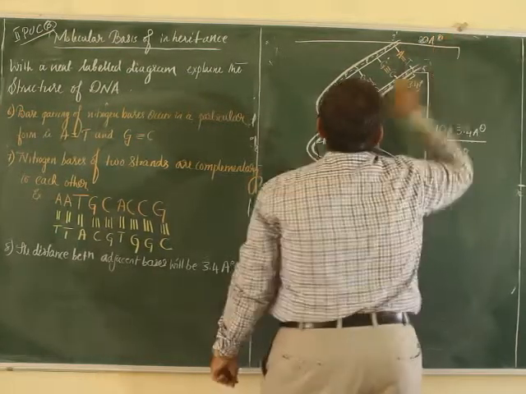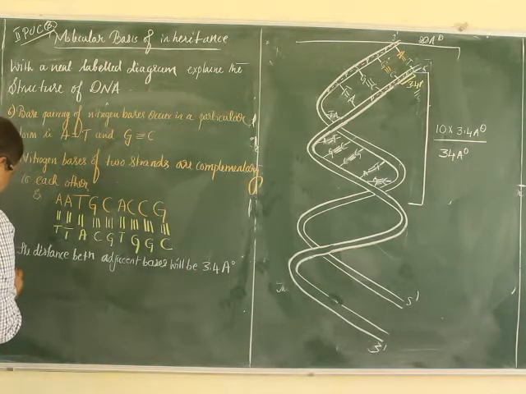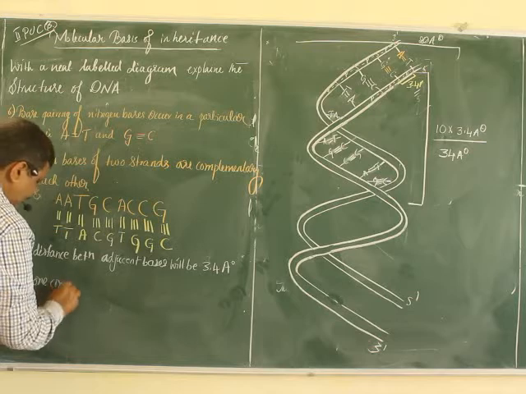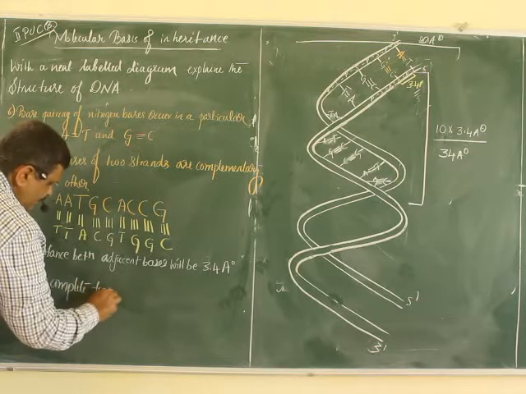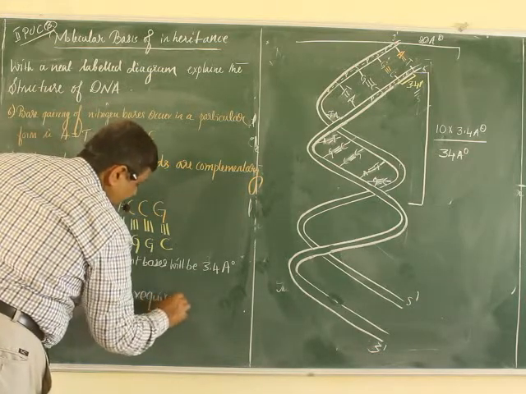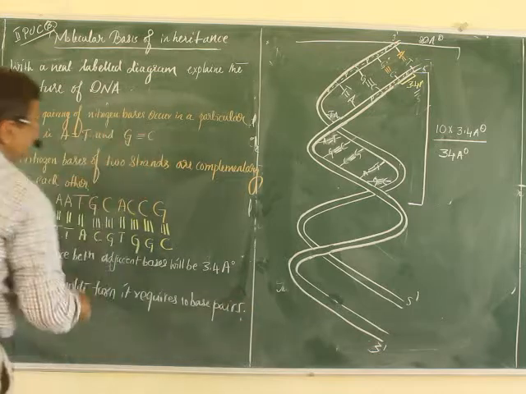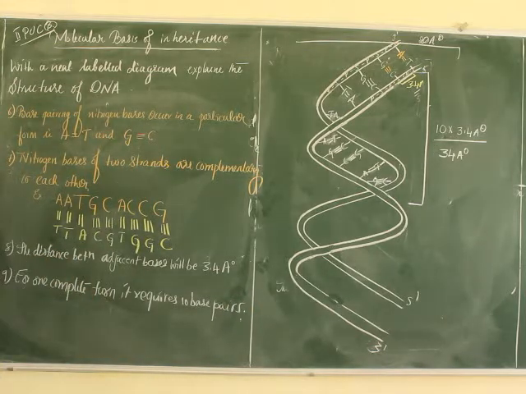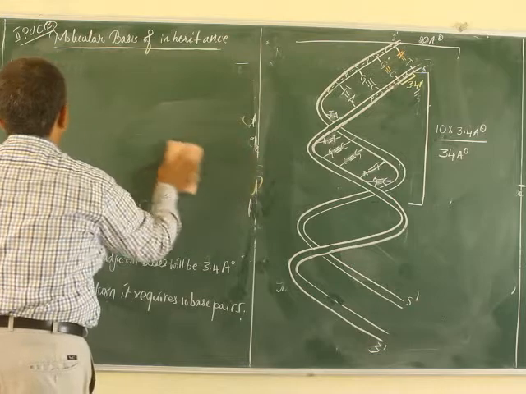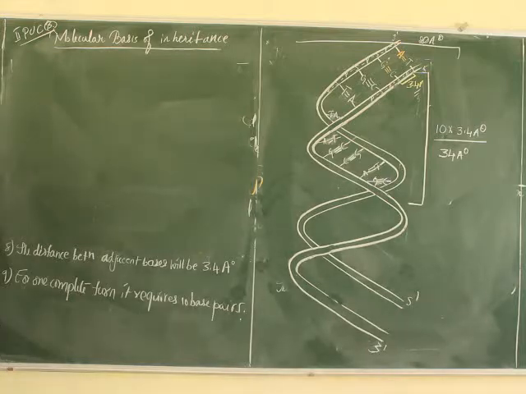So the 9th point: for one complete turn, it requires 10 base pairs.